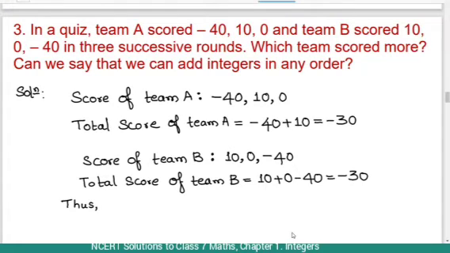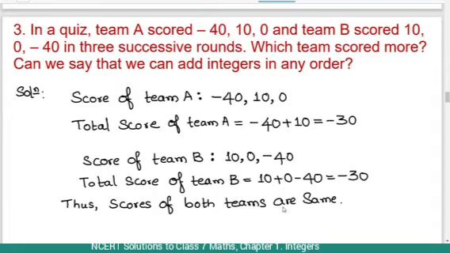Thus scores of both teams are the same. Team A also scored -30, Team B also scored -30. Therefore, scores of both teams are the same.